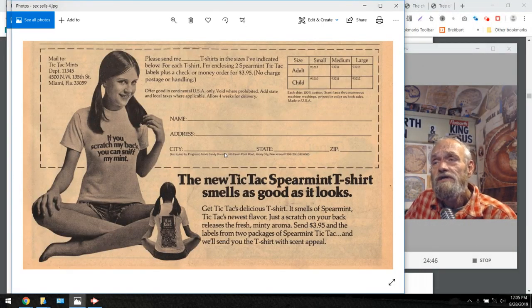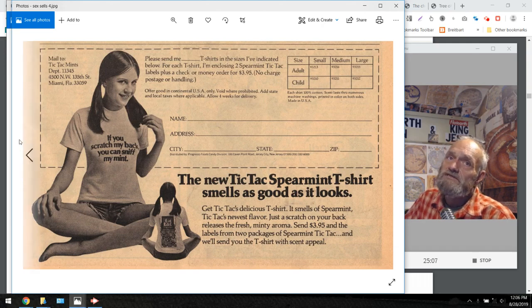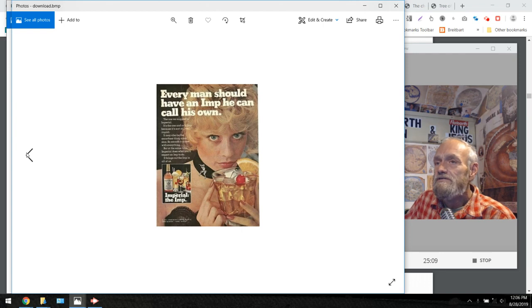I mean, even nowadays, they want girls to not act like they should be sitting around with their legs wide open like this. And if you scratch my back, you can sniff my mint. You know, it just doesn't seem right. And they're always going to be pushing the drinking.